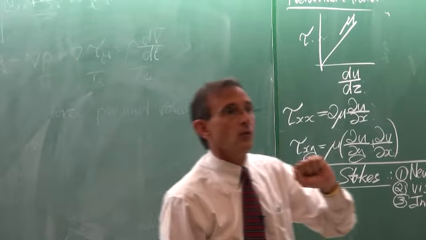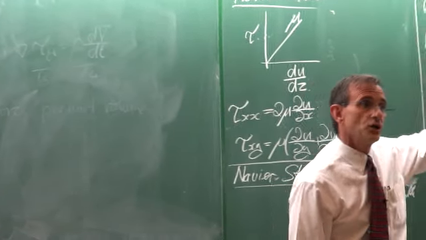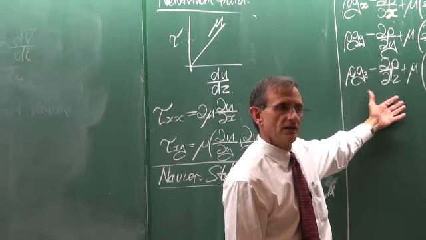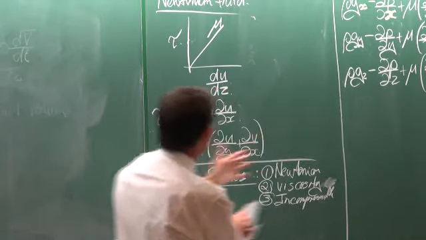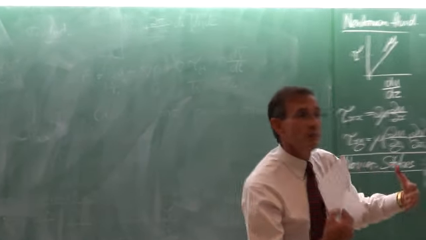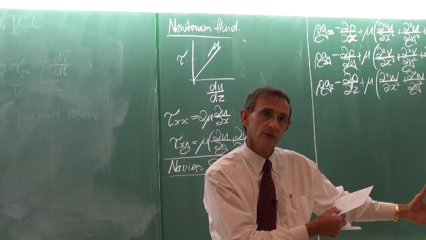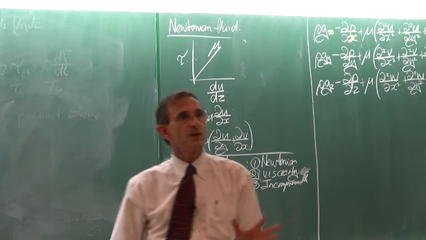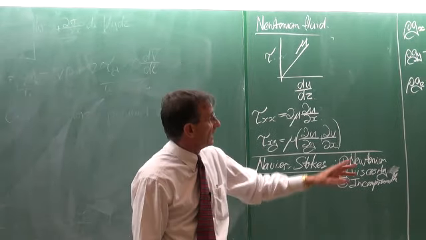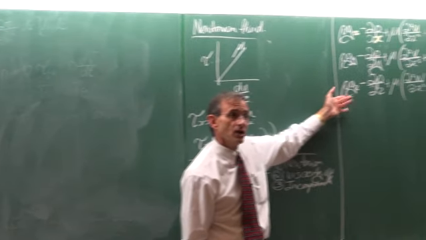Okay? What is very important, ladies and gentlemen, is that the results are obviously very important, but you need to understand where it comes from and all the assumptions that were made to get to that. Okay? So that when you have very special applications, you immediately know that you cannot use the Navier Stokes equation.